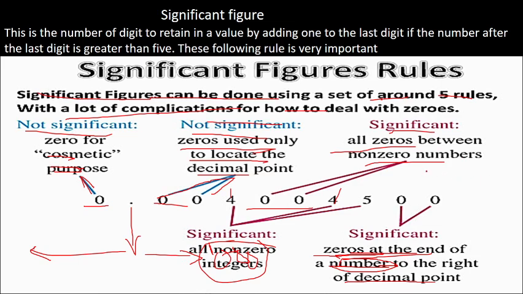Look up. If they give you something like 0.0002 and say, okay, round this off to 2 significant figures, most students will say the answer is equal to 0.0. Please, is this 0 significant?